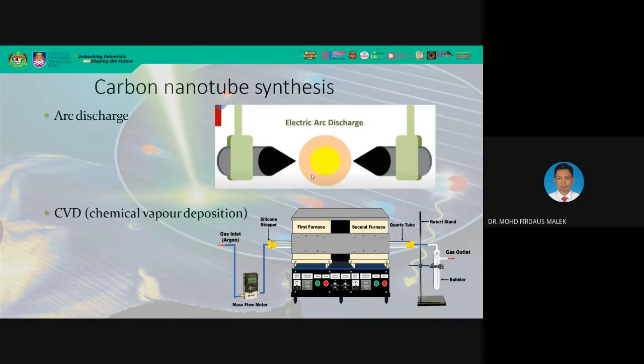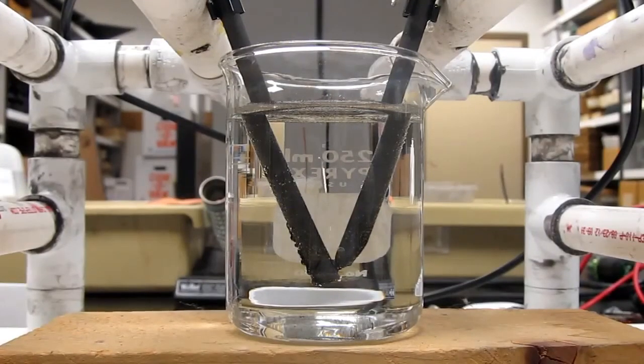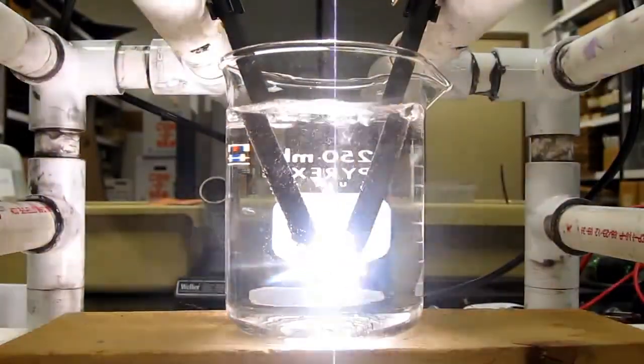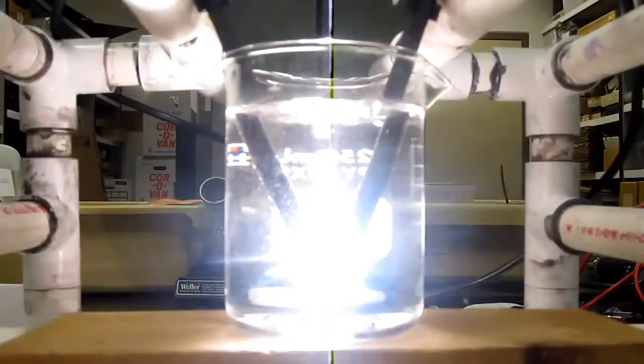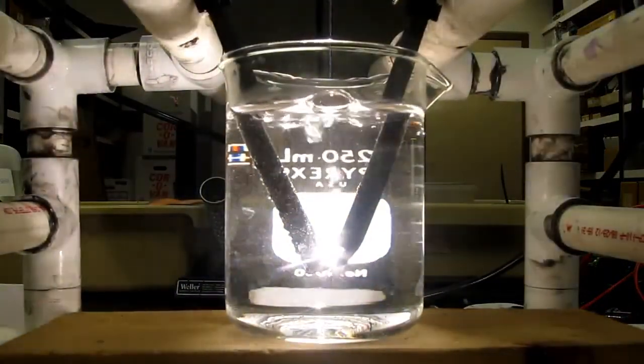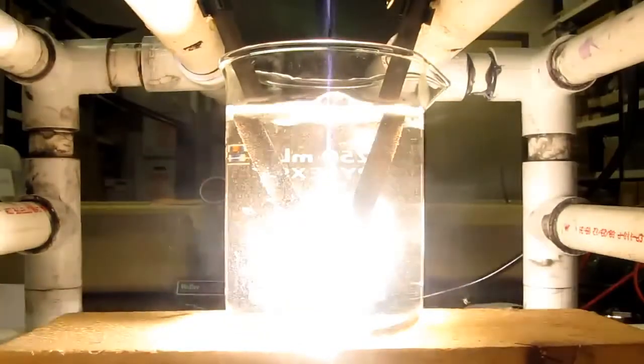Now I will show you some of the experiments for the synthesis, how to get carbon nanotubes using this method. This one is the experiment to synthesize the carbon nanotubes using a water medium.